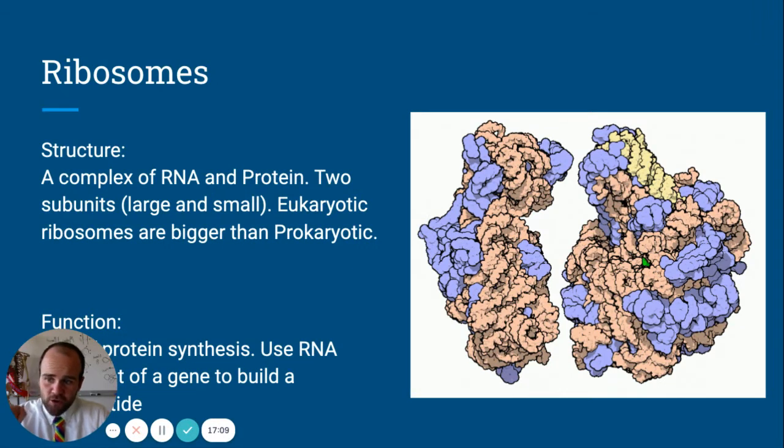As I mentioned earlier, those eukaryotic ones are a little bit bigger, and they are the site of protein synthesis. They're going to use RNA to read that mRNA, and they're going to start attaching amino acids together to make a long polypeptide chain, fold it up, make a protein, and you have the recipe for making everything that makes the cell run.